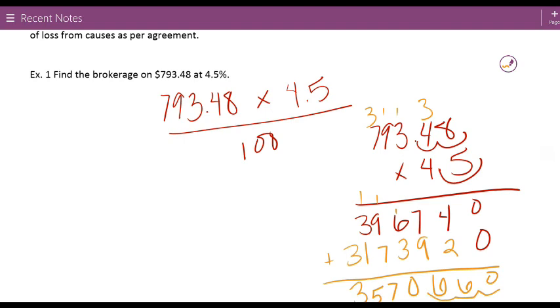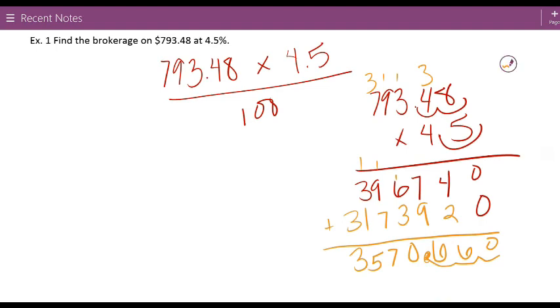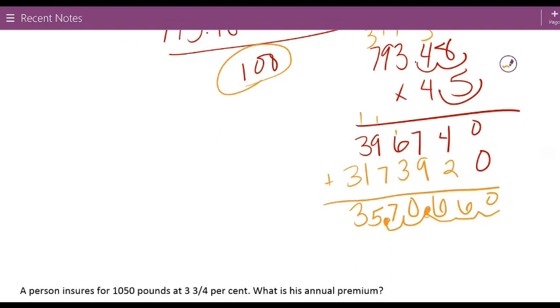Okay, so there is our multiplication, and then we divide by 100, so that means we're going to be moving our decimal place 2 more places to the left. 1, 2. So we end up with $35.70.